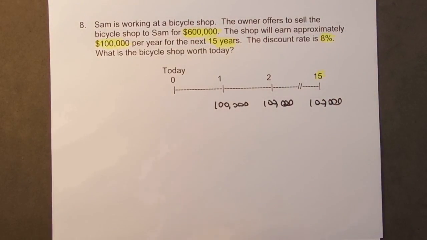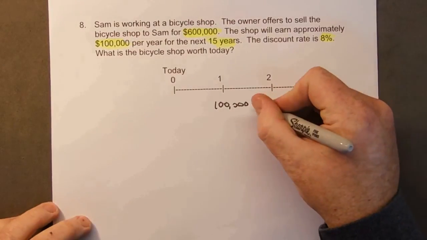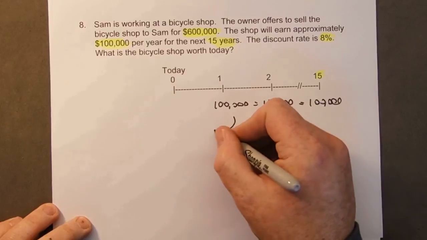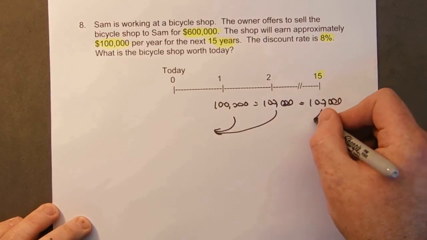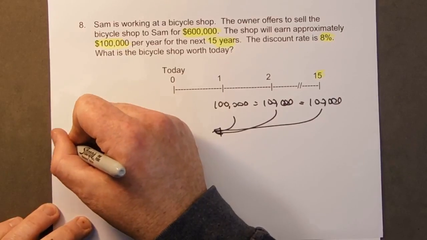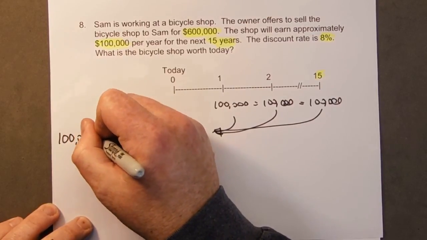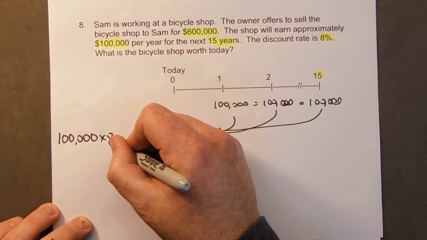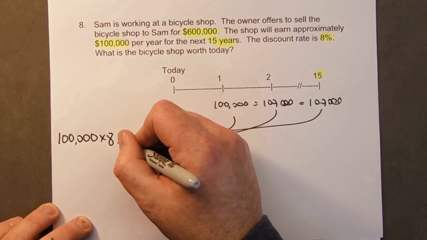We'll go all the way up to 15 years. I didn't put in years 3 through 14. But this is an annuity. They're all equal payments. Times 8.559.